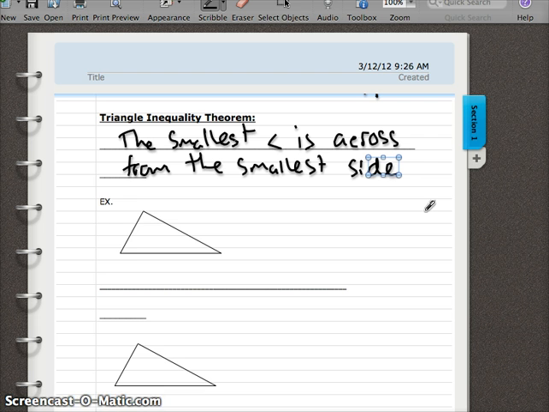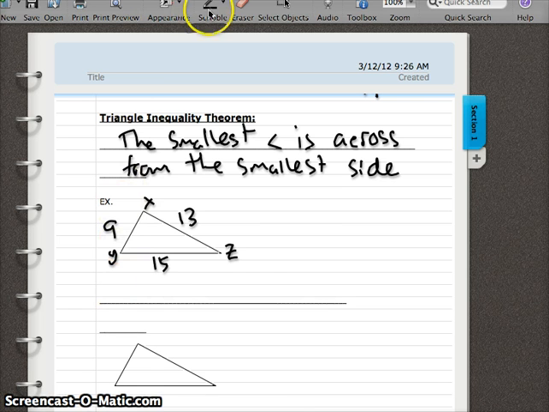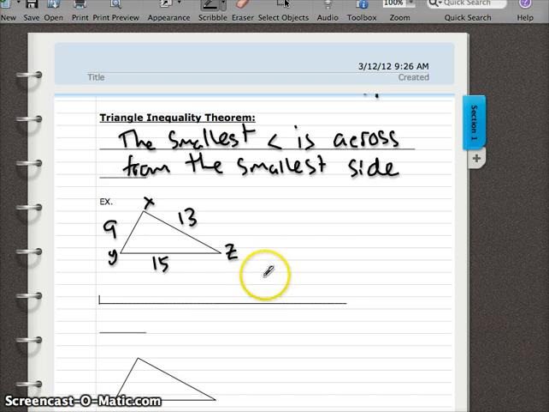So let's say that we knew some side lengths here. Let's give it a title here. This is a triangle XYZ. XY is 9, XZ is 13, and YZ is 15. Well, if the smallest angle is always across from the shortest side, then we can find the smallest angle by looking at the side lengths.